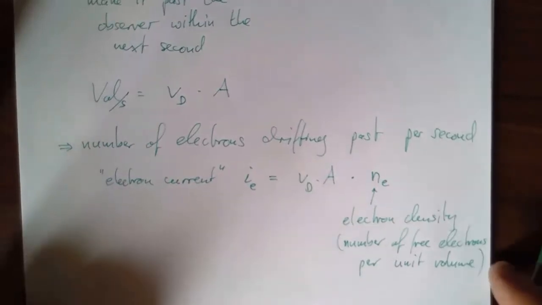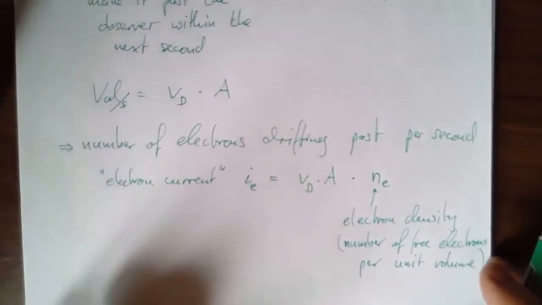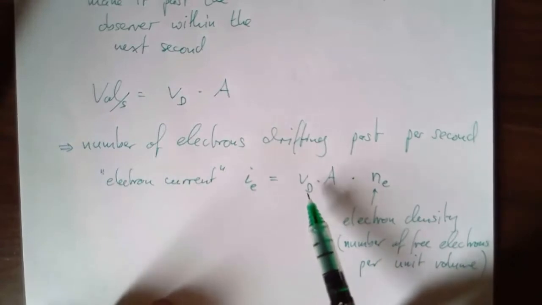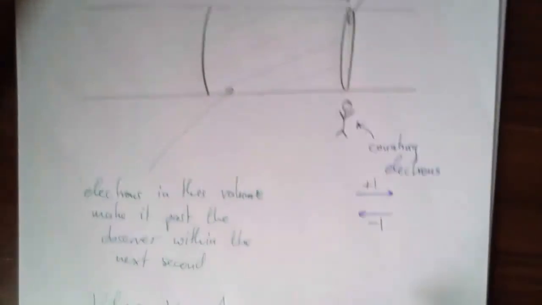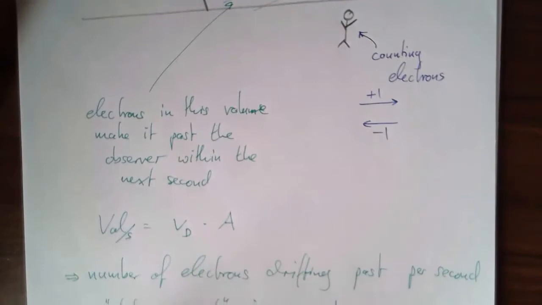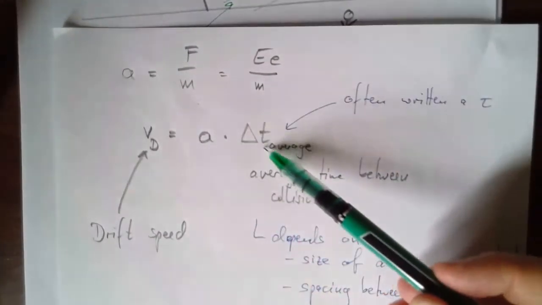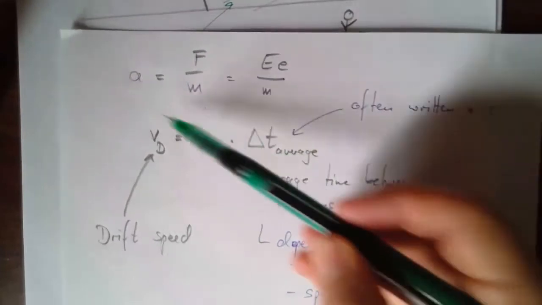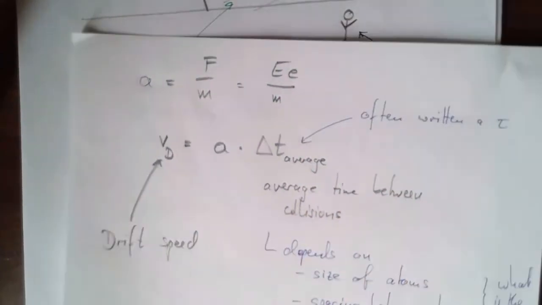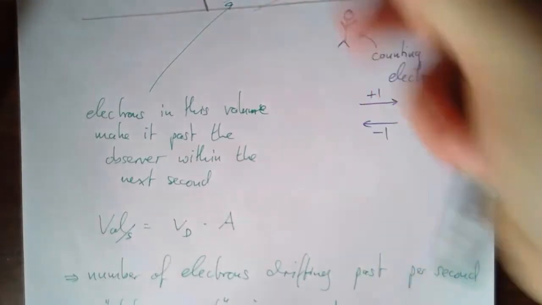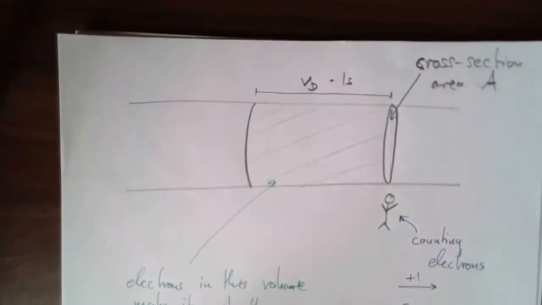Can we rewrite it a little bit? Yes, we can, by rewriting our v_D in the form that we had before. I think it's on the previous page. We have it here: v_D is a times delta t, the average one, and we've got an expression for a. Let's put those pieces together. I'm going to put this onto a new page.